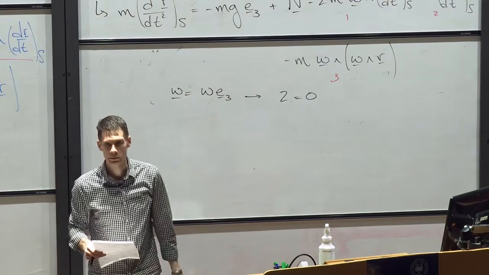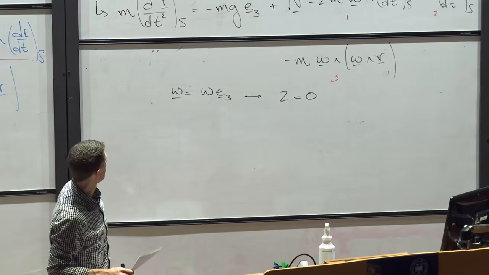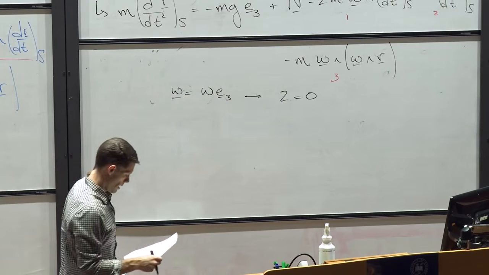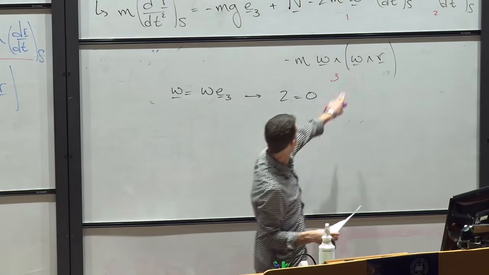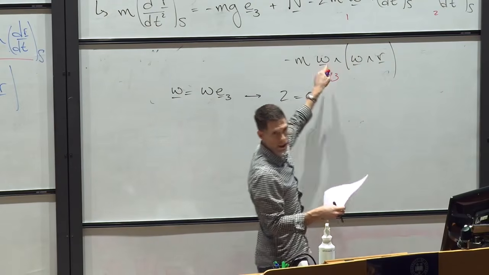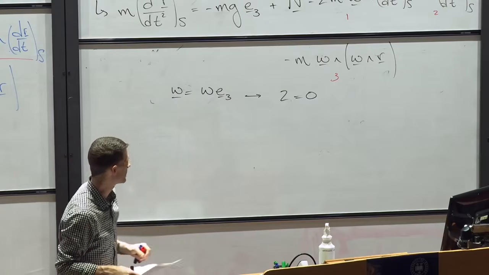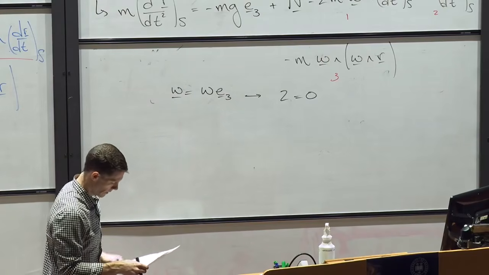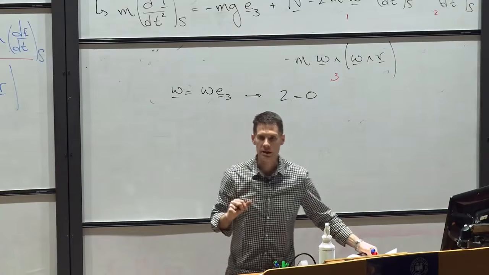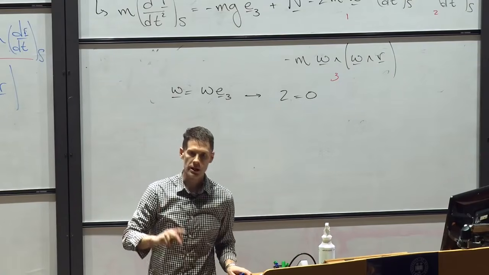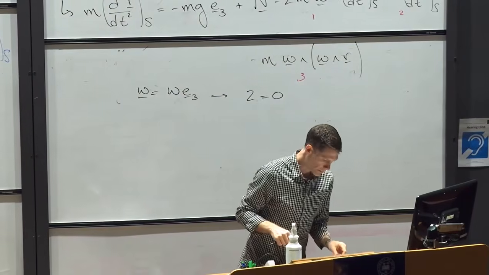I get, pretty quickly, an E2 term out of that. And then this term, I do an omega cross r and do one more cross omega. Again, it's just working within that E1, E3, E2 basis. So those aren't too hard to work out. I think I will leave the details here so that we don't run over time. You can see all these details worked out in the typed notes.